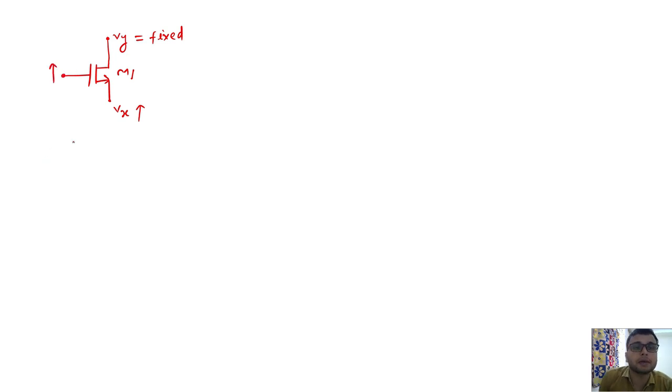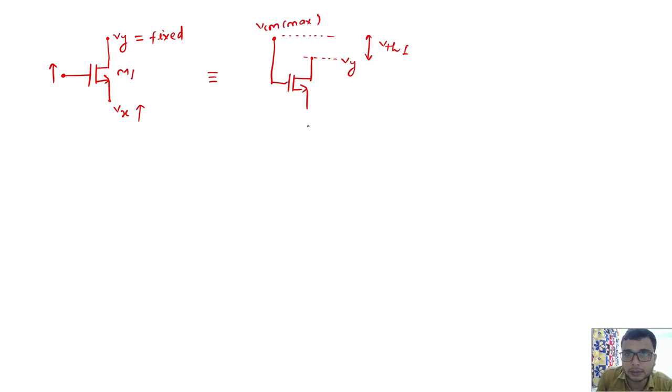So what will happen at one point in time? This node can go maximum to the value of 1 VT up. This is Vy, not a problem. So this is 1 VT of transistor 1, and this is my VCM max that I am increasing, and this is my Vx at that value.